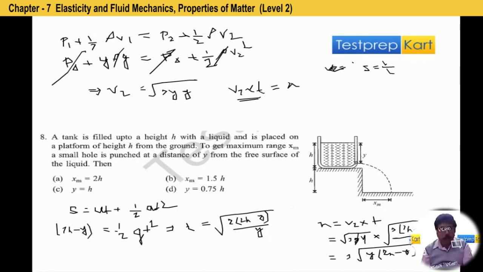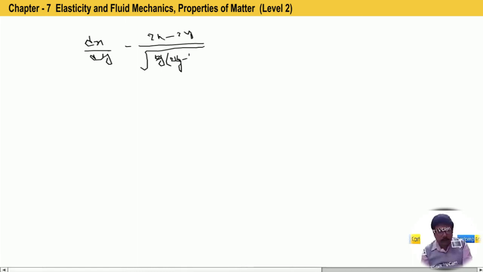Now we need to find the changes of x with the changes of y, so differentiate. It should be 2h minus 2y, root over y, and (2h minus 2y minus h) should be equal to 0. So h should be y.